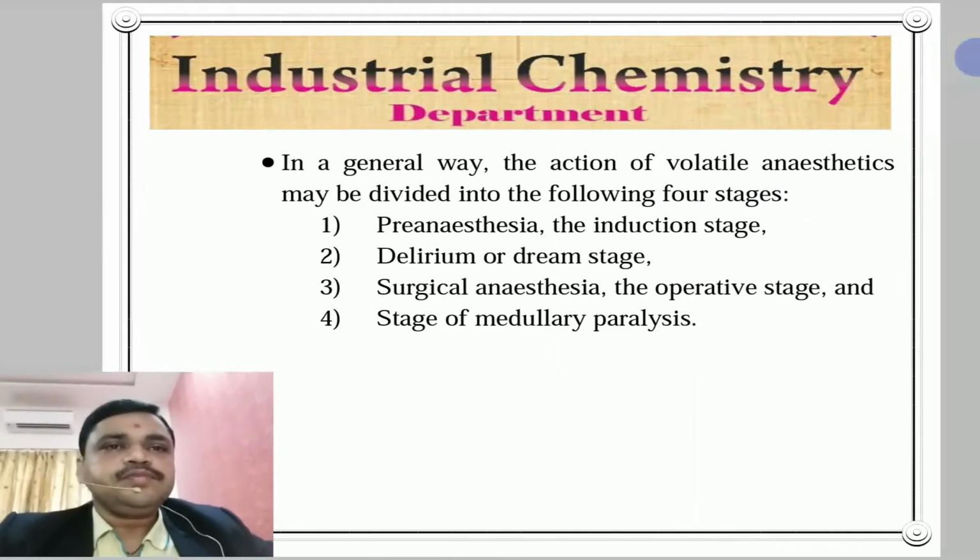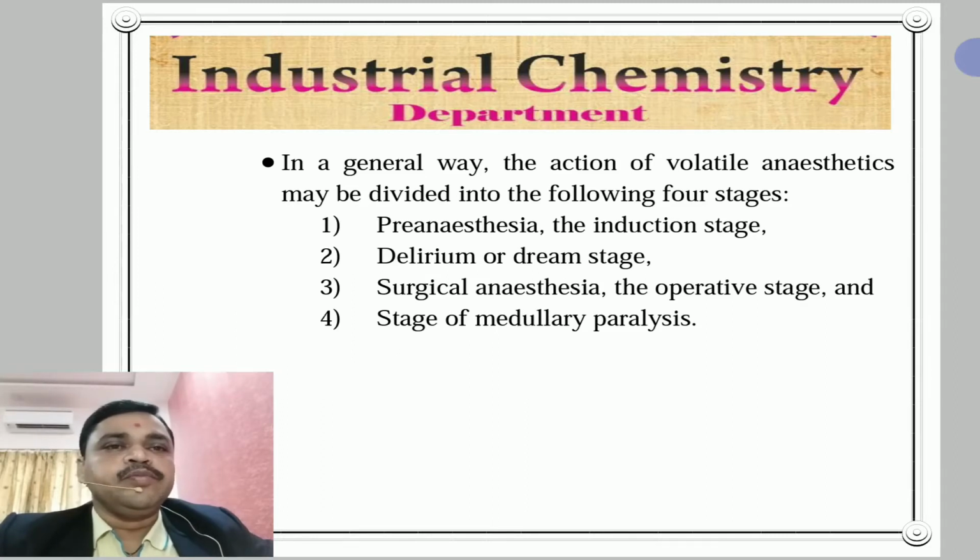Now, in a general way, the action of volatile anesthetics may be divided into the following 4 stages. These are the main 4 stages of anesthesia. Number 1, pre-anesthesia, the induction stage.